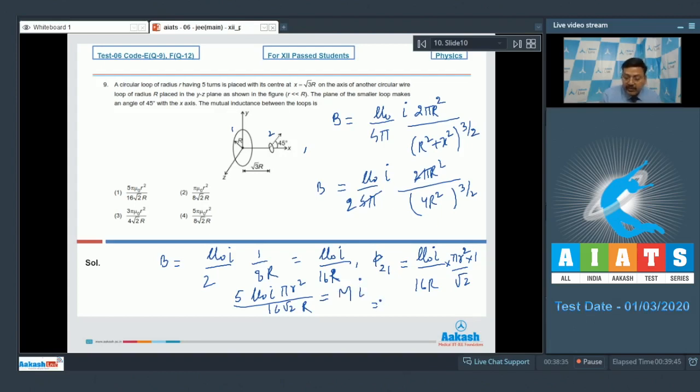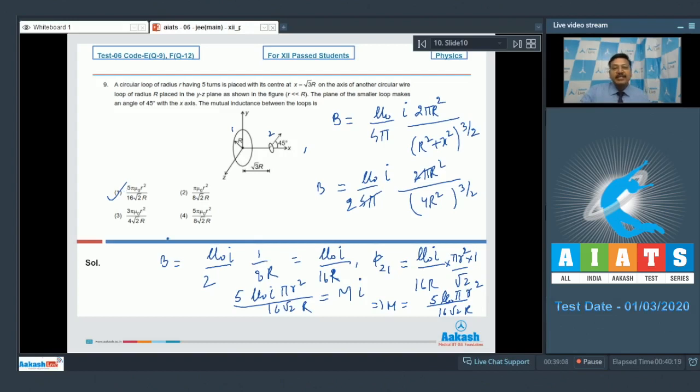This gives us the value of capital M as 5 mu naught pi divided by 16 root 2 R, and of course there is small r square too. So this is the value of capital M, the mutual inductance between the loops, and if we look at the options, we can see that what we have got is matching with option 1. So option 1 is correct for question 9.